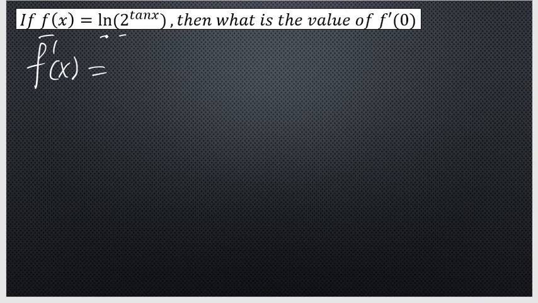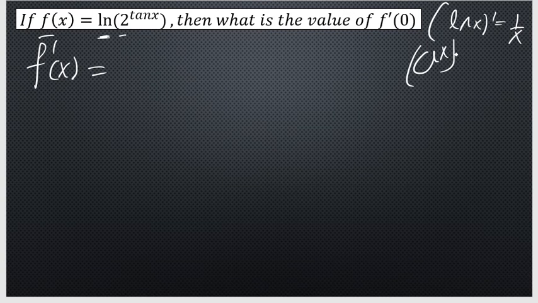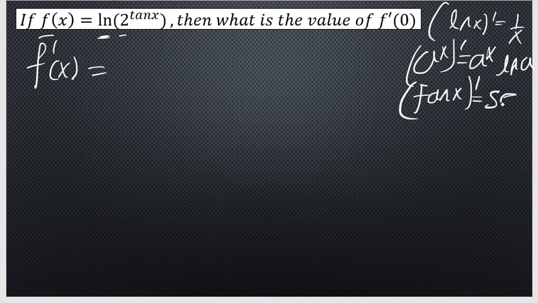The derivative of this, the outer function, we have to apply chain rule. First let's remember, ln x derivative is 1 over x. And a to the power of x, any exponential function derivative is just the exponential function as it is times ln of a. And tan x derivative is sec square x.